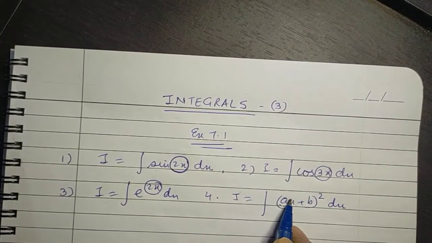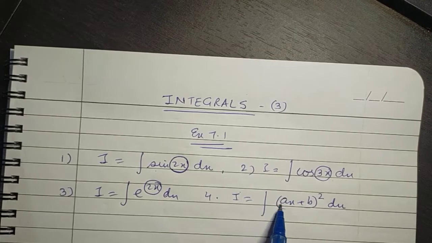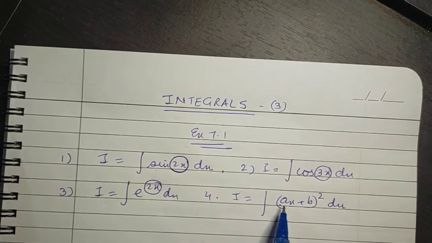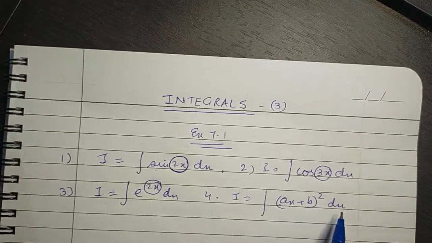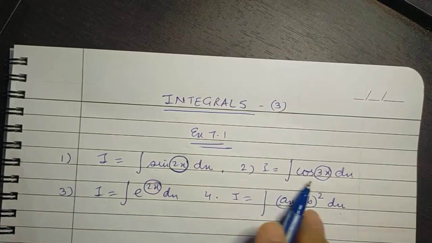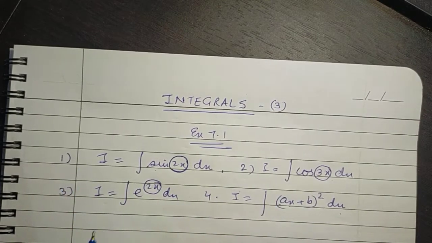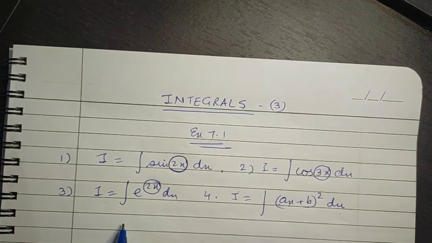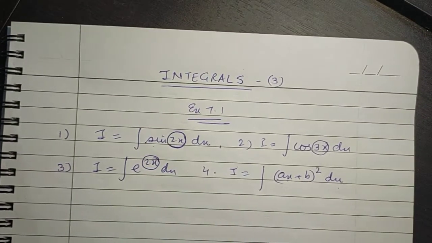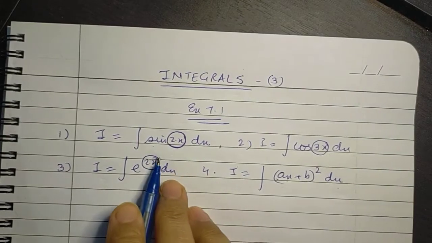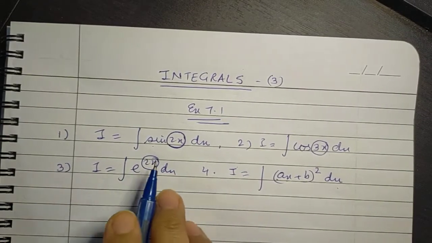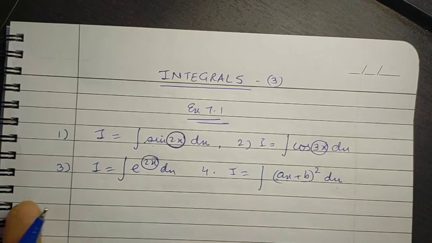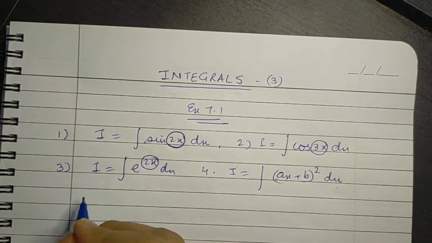It's not even x square, it is (ax plus b) whole square dx. So basically all these are not direct or simple functions but functions of functions, and we cannot apply the results of integrals just by inspection. So what do we do? Let's see.